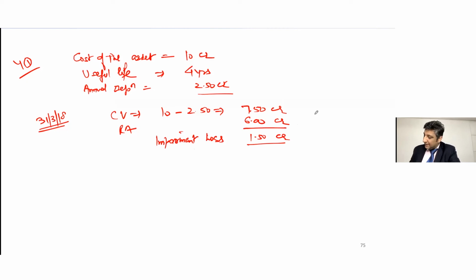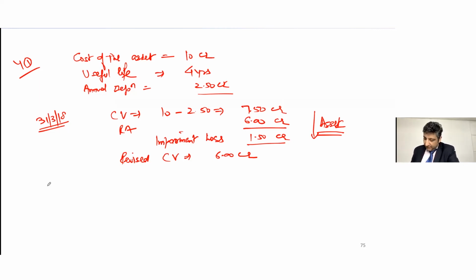We naturally bring the asset's value down by 1.5 crores, which means that on this date, my revised carrying value is 6 crores. Is it fine? Right? We use now this 6 crores for the calculation of the future depreciation.